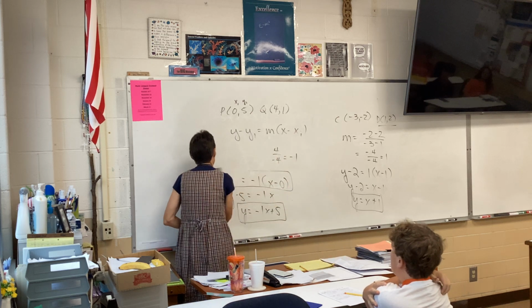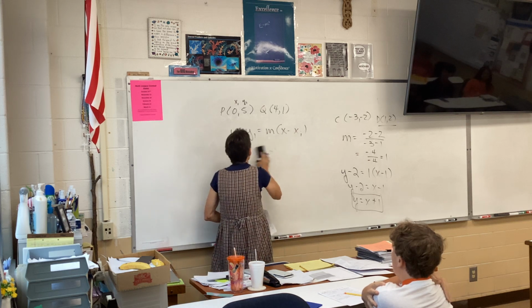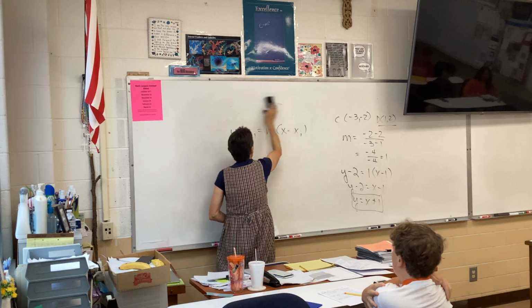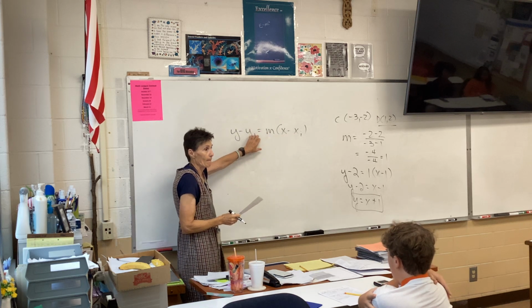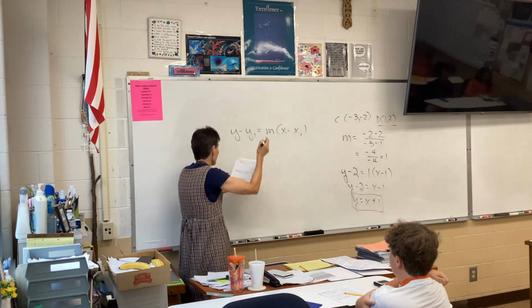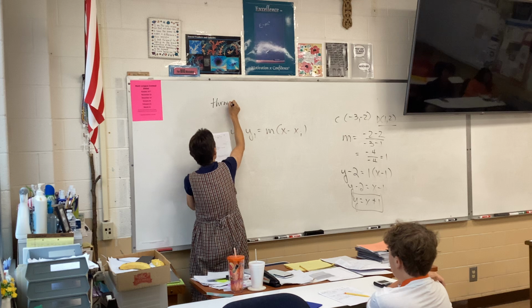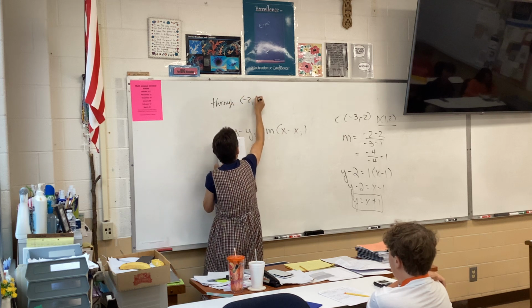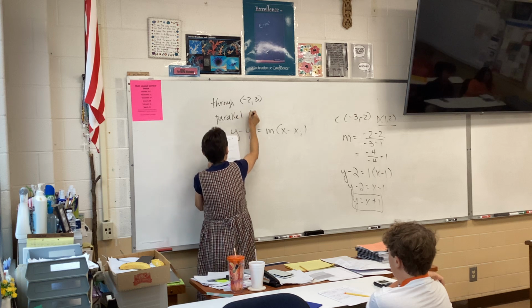We're going to write the equation of the line. I'll leave this right here because that's how I write the equation of a line. And all I know is that it passes through the point negative 2, 3, and it's parallel to this one.